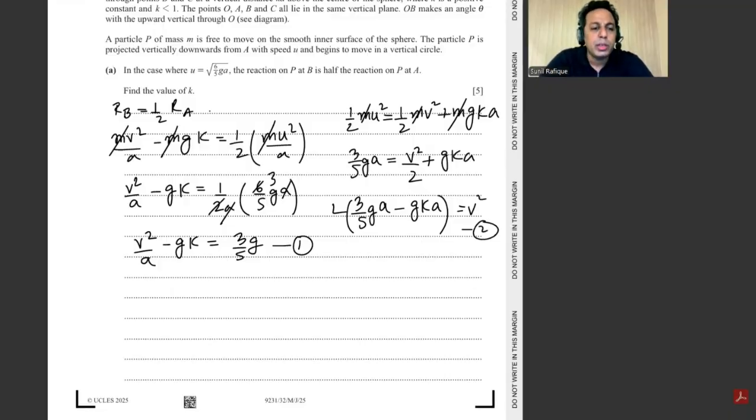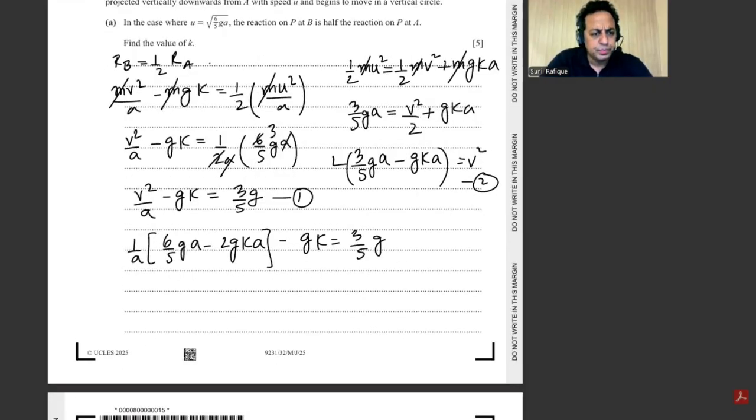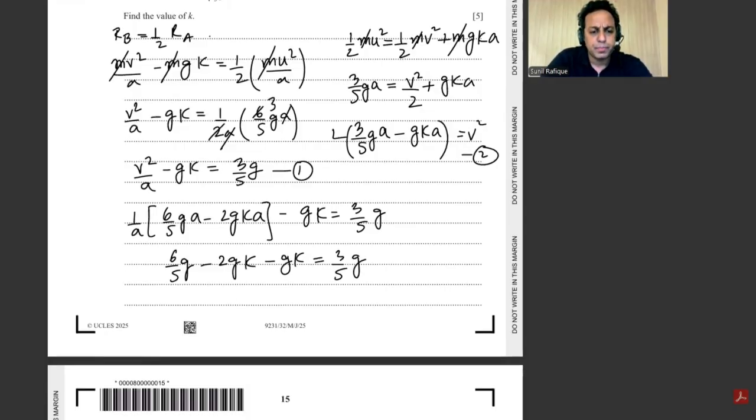So if you sub 2 in 1, that's going to be 1/a times 6/5 ga minus 2gka, and this will all be minus gk equals 3/5 g. That should do. So this will become 6/5 g minus 2gk, the a's cancel, and minus gk equals 3/5 g.